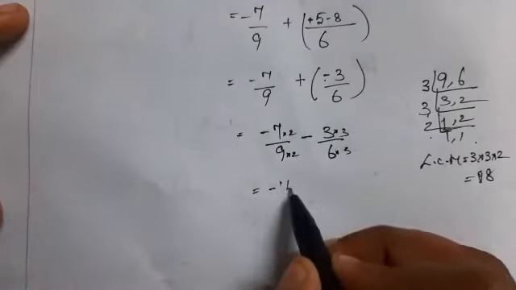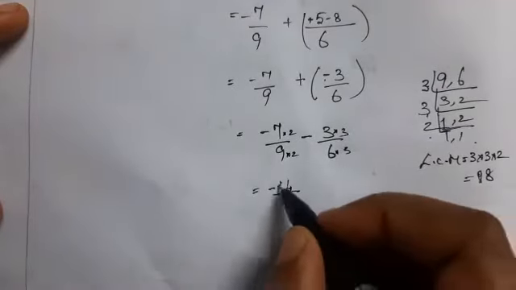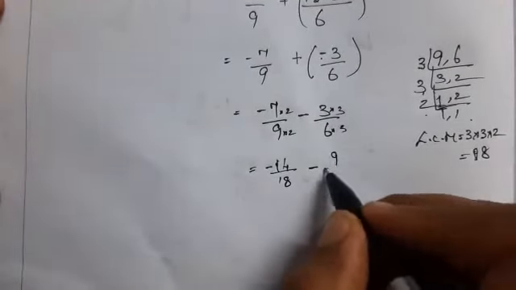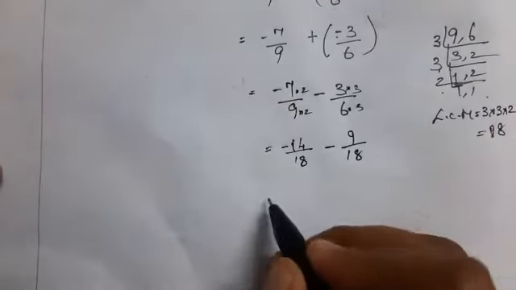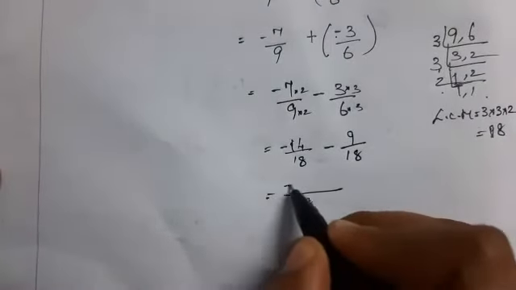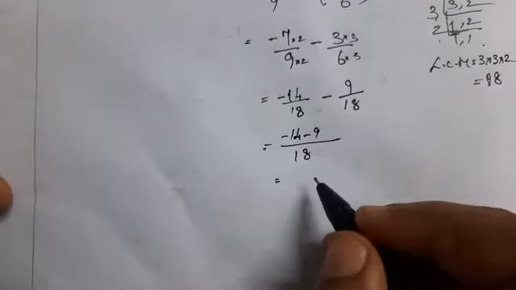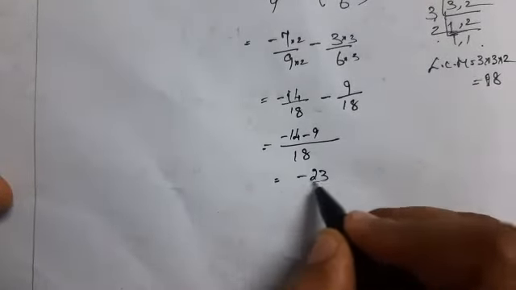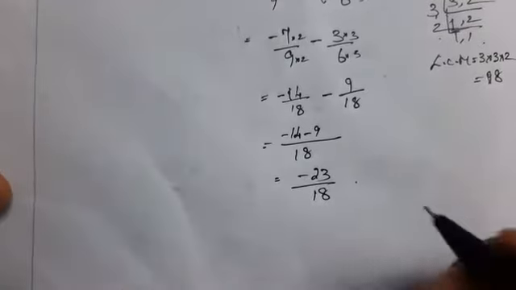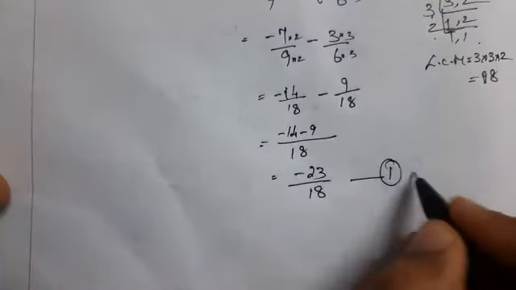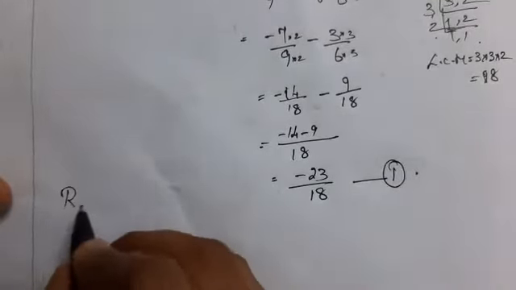Minus 14 divided by 18, minus 9 by 18. Now minus 14 minus 9 by 18. Both the signs are equal. Therefore, add the numbers: minus 23 by 18. Take it as equation 1.